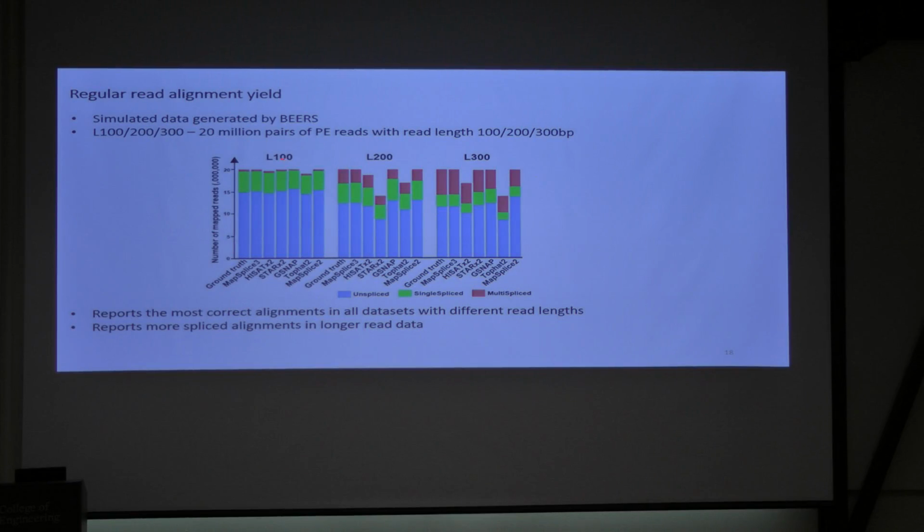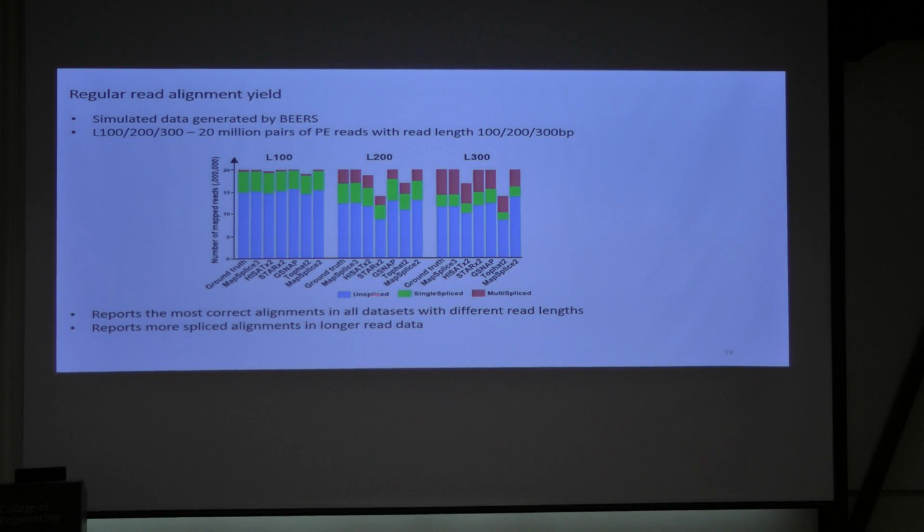As we can see, for each data set, the first bar is the ground truth, and the second bar is MapSize 3. If we compare each tool's result with the ground truth, we can see MapSize 3 always reports the most consistent yield and distribution of different types of reads compared to the ground truth.